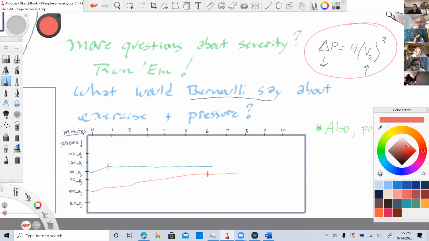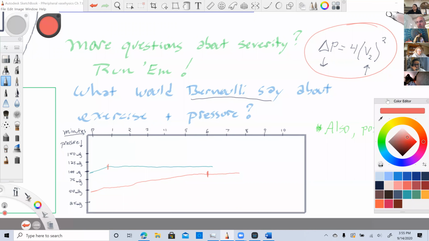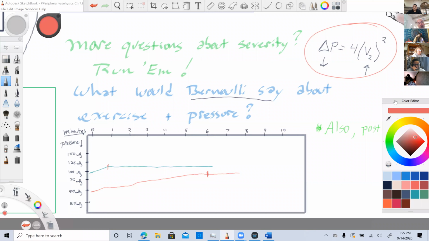Oh, that's right. I have a little note over here. You could do post-occlusion, although this is really mean, which is why I like doing it. For post-occlusive, you could put a pressure cuff around the thigh and squeeze it to very high pressure, like let's say 150 millimeters mercury. You shut down the entire leg and you leave it there for like 5 minutes.